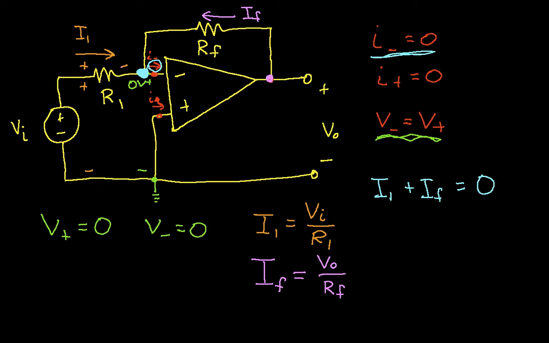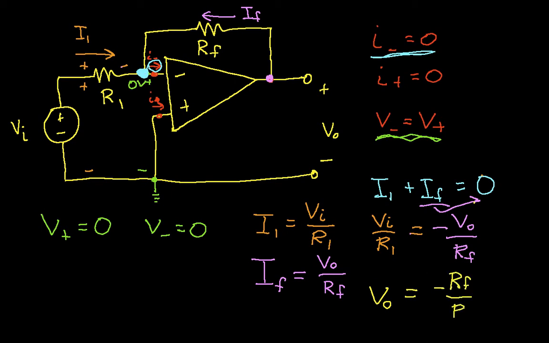We can substitute in for I1, and we have VI over R1 is equal to minus V out over RF. I've just taken this IF and moved it over here and then plugged in values. Solving this for V out, we can then say that V out is minus RF over R1 times VI.